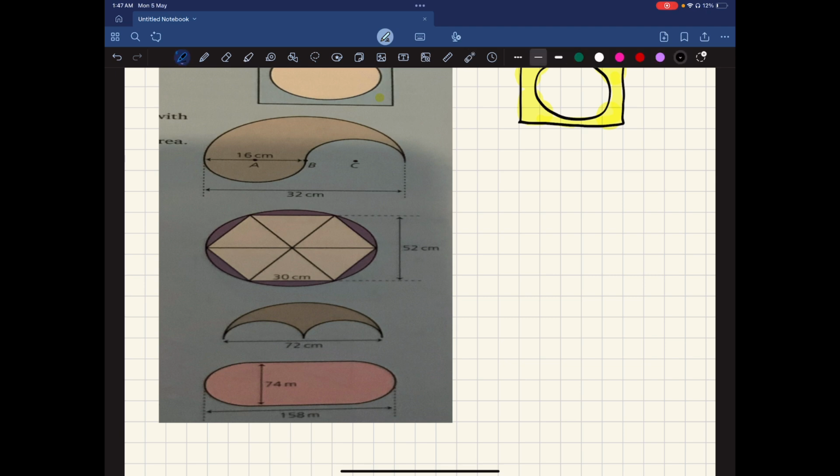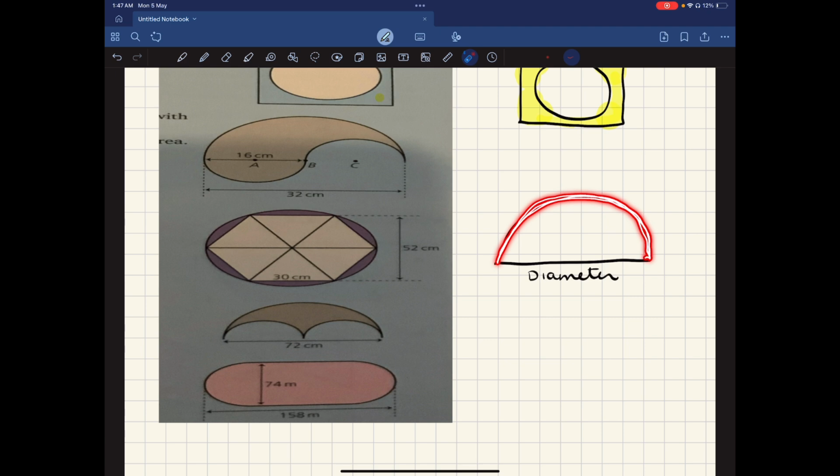Also, another thing that I want you to keep in mind is that if I ask you to find the perimeter of a semicircle, okay, so what are you going to do? This is basically the diameter, right? So first you're going to find the half circumference, right?